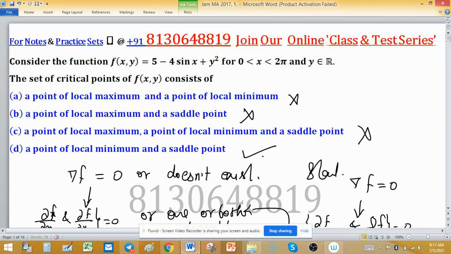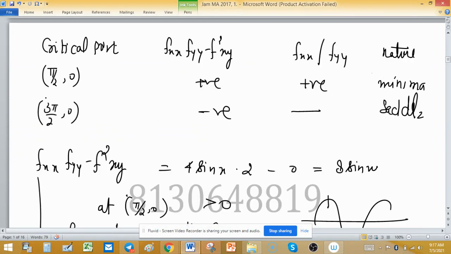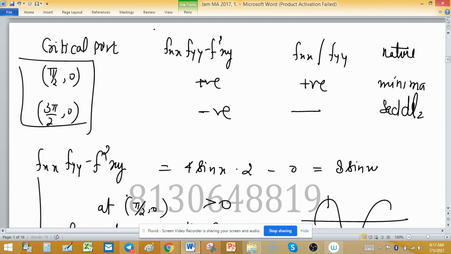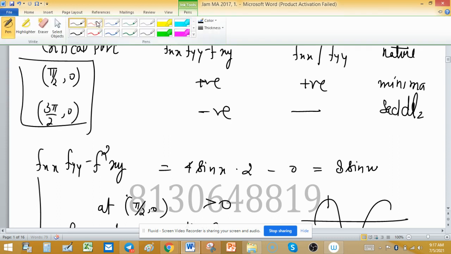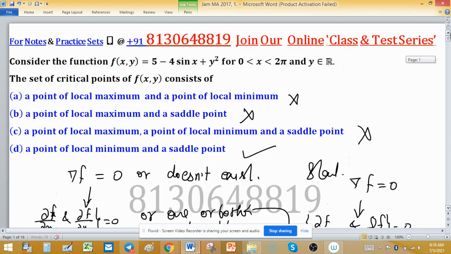So option D is true: a point of local minimum and a saddle point. As you can see on my screen, we have only two critical points. One of them is a minimum and the other is a saddle point. So pi by 2 comma 0 is the minimum and 3 pi by 2 comma 0 is the saddle point. So option D is correct.